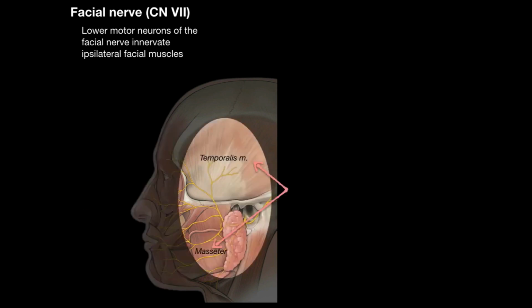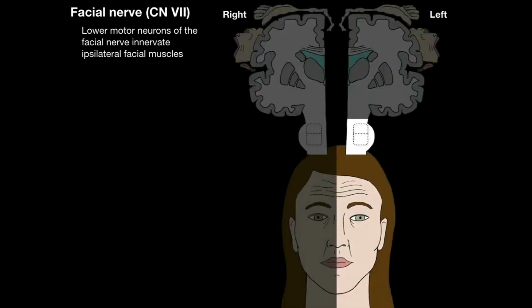The facial nerve does not innervate the temporalis or masseter muscles, which are muscles of mastication, and they are not innervated by the facial nerve, but by the mandibular branch of the trigeminal nerve. So let's do this again in this picture. We're in this coronal section up top. We can see the pons, and the pons contains the facial nucleus.